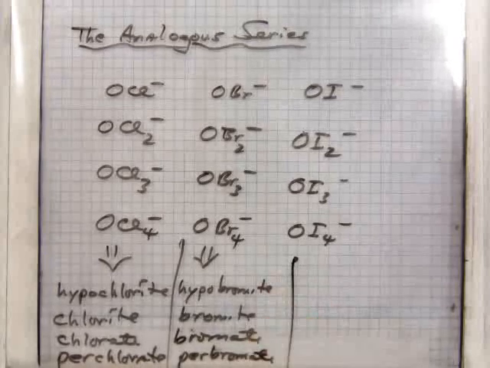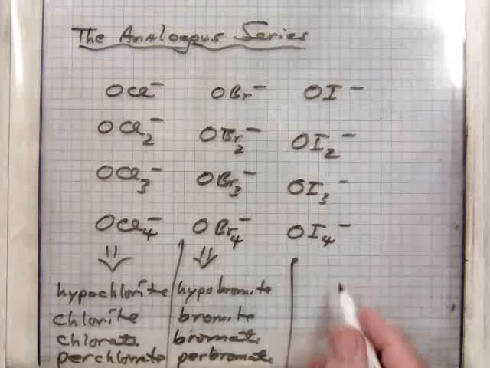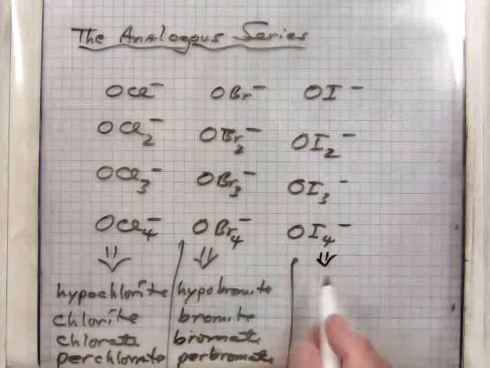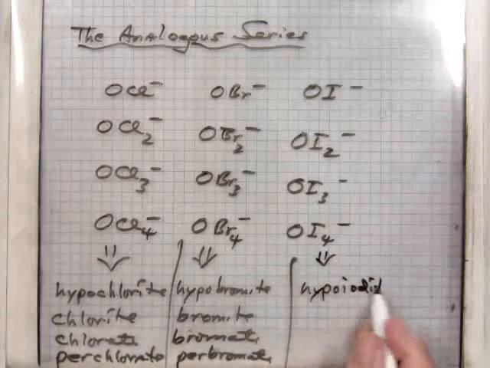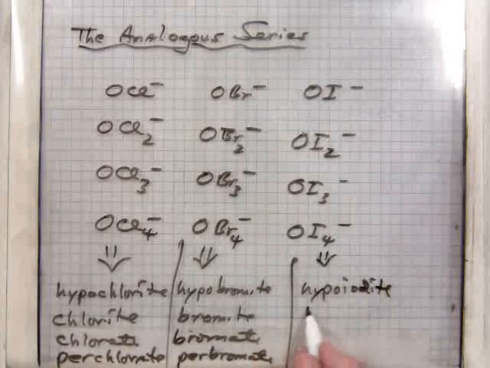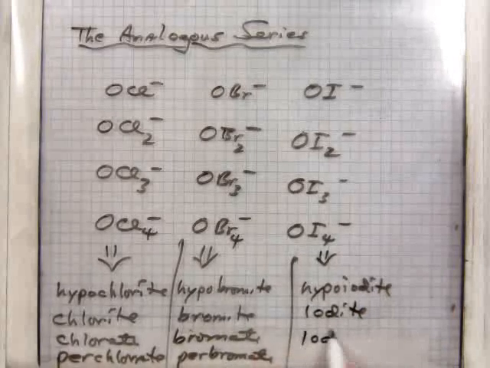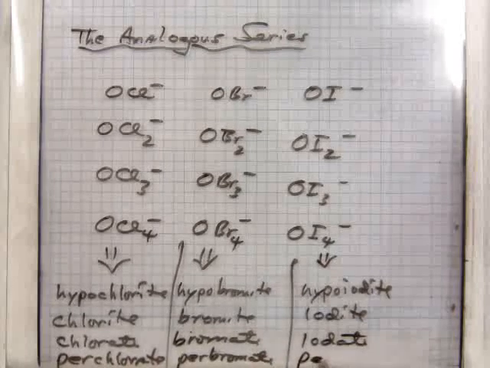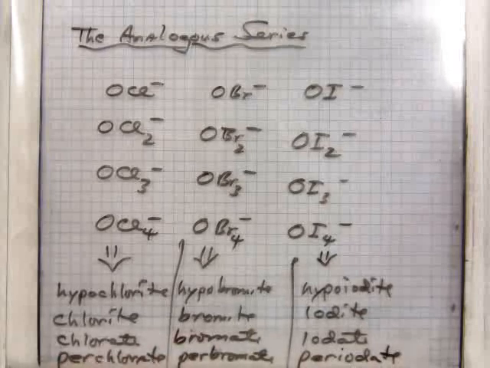And easy enough now. Hopefully you see that it's iodate or iodite in the nomenclature. And so that's why we call these analogous series or similar series in their nomenclature.